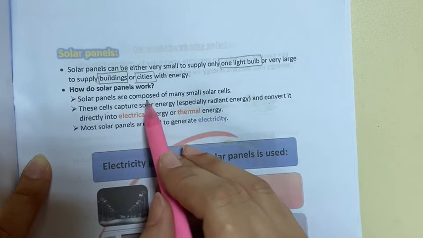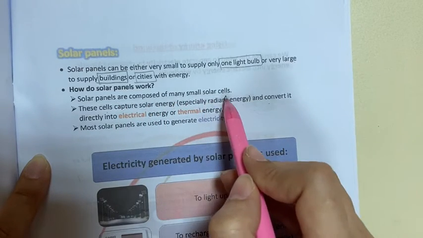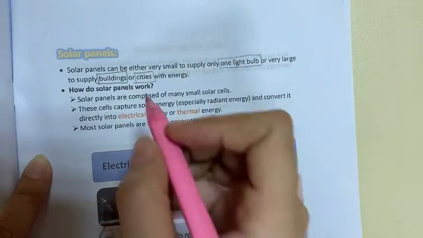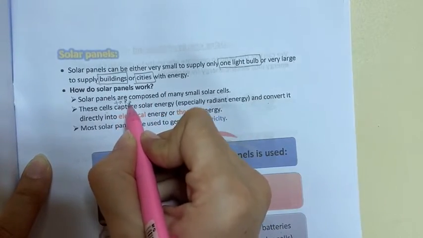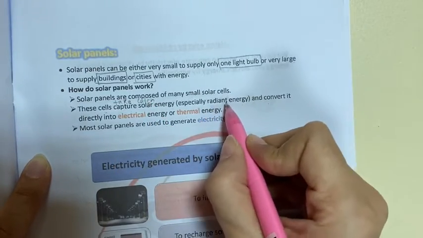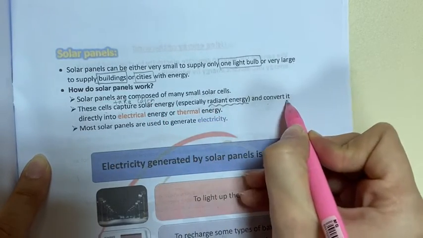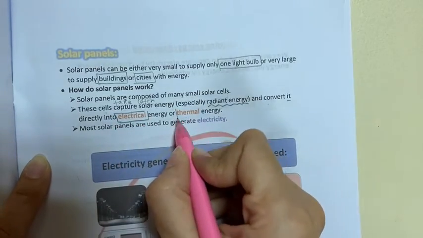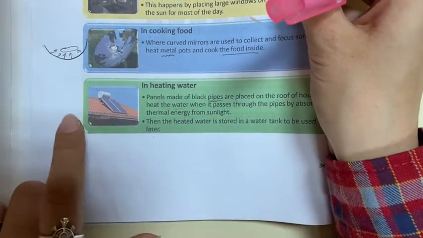Solar panels are composed of many small solar cells. These cells capture, which means take or catch, the solar energy, especially radiant energy, and convert it into electrical or thermal, like here in the heating water tank.